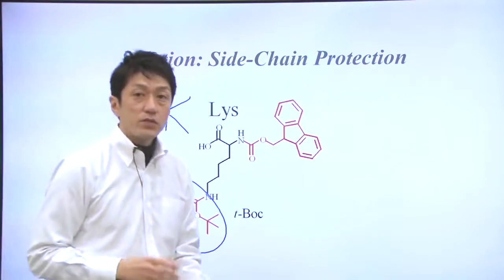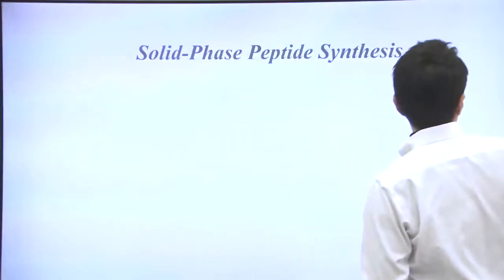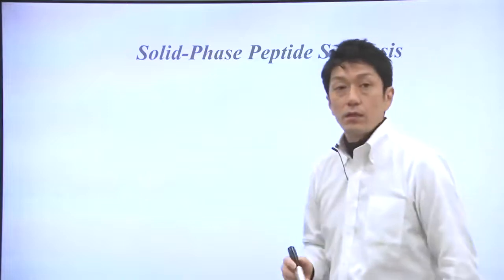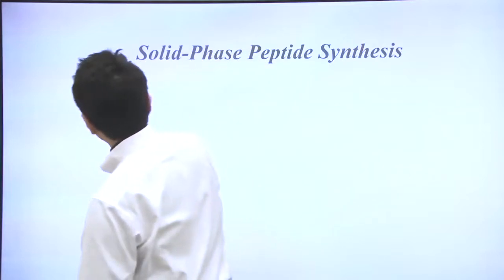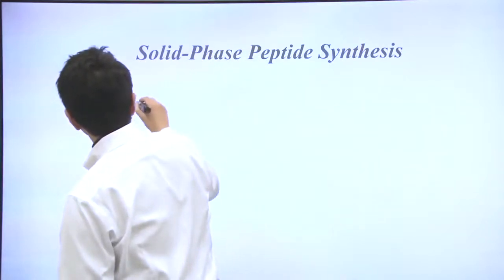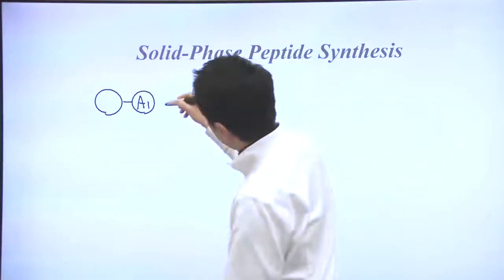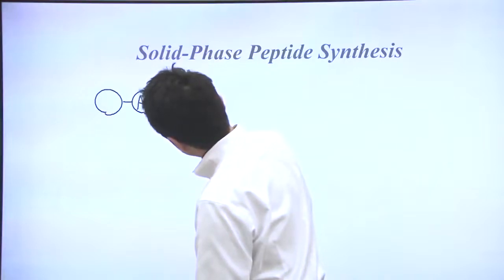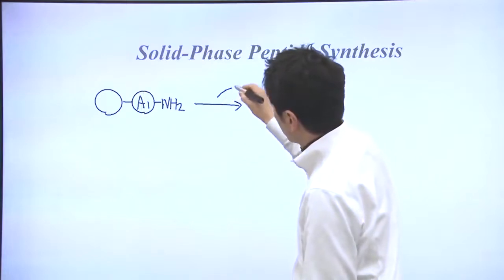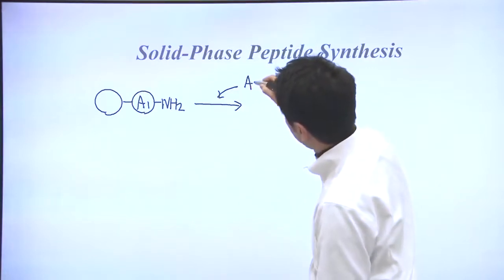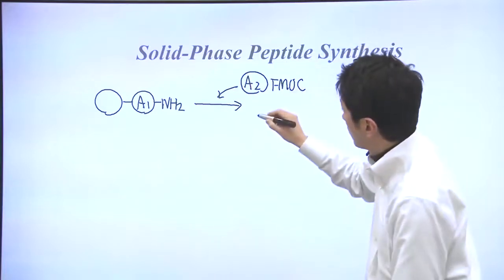So now let's summarize the solid phase peptide synthesis. Firstly, the first amino acid is attached to a base or solid support. Then the first amino acid has an amino group at the end. You can add the FMOC protected second amino acid.